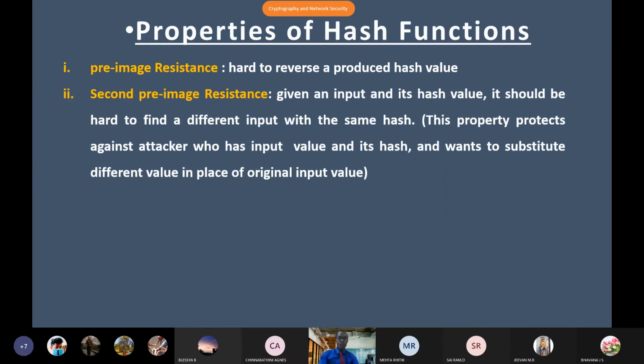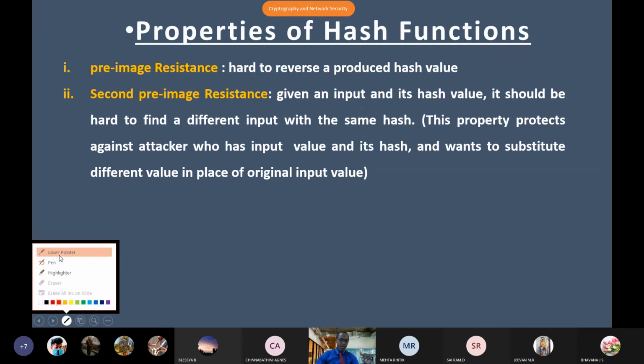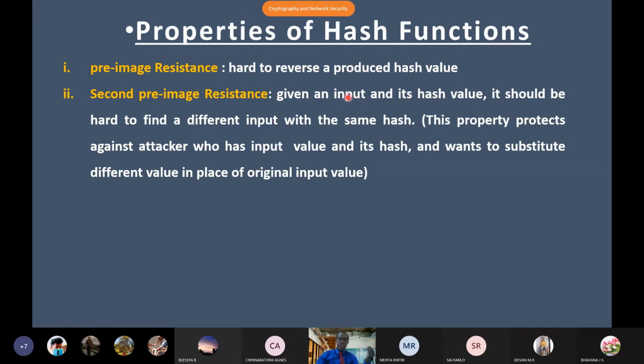Number 2, second pre-image resistance. In this second pre-image resistance, I want you to understand: you are given an input, and you are also given the hash value or output. It is not easy to find another input that gives the same output.